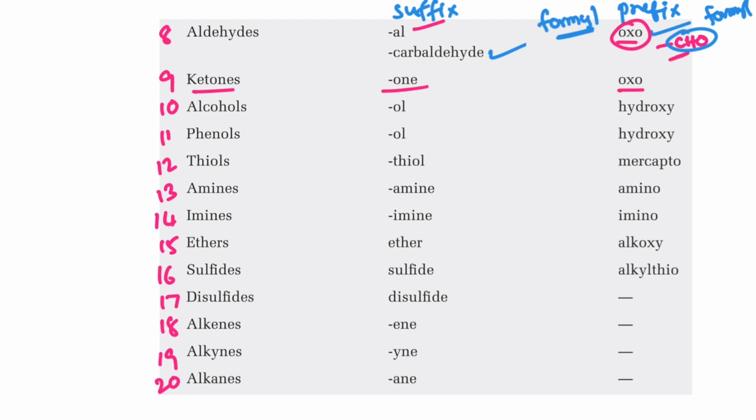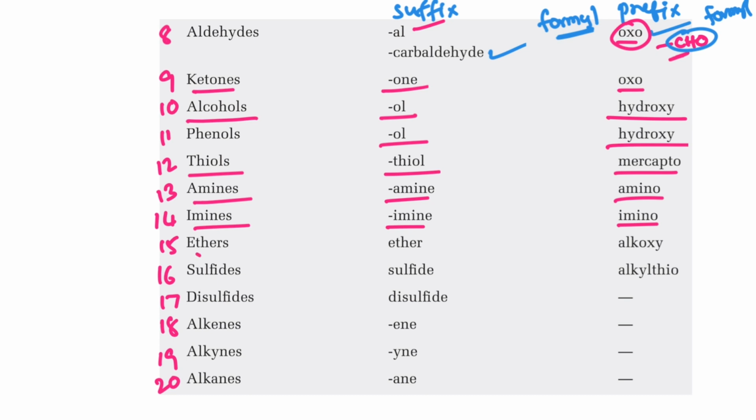Next, alcohols. Ol is the suffix and hydroxy the prefix. Phenols also ol, hydroxy. Thiols, thiol, and mercapto prefix name. Amines, amine, amino is the prefix name. Imines, imine, imino. Ethers, ether, alkoxy.